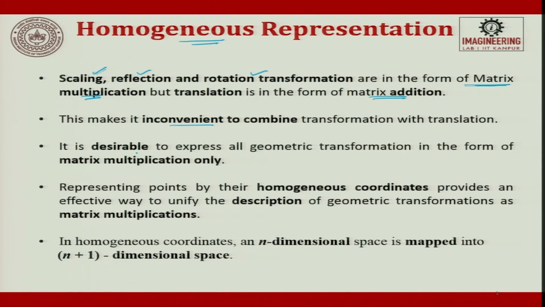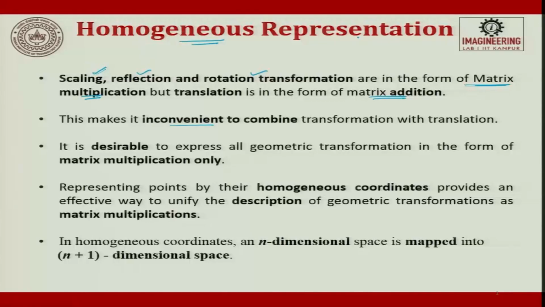So it is desirable to express all geometric transformations in the form of matrix multiplication only. Matrices are the easiest form of doing translation or transformation, whatever it is. If we could convert everything into a standard matrix multiplication form, that gives us a benefit.